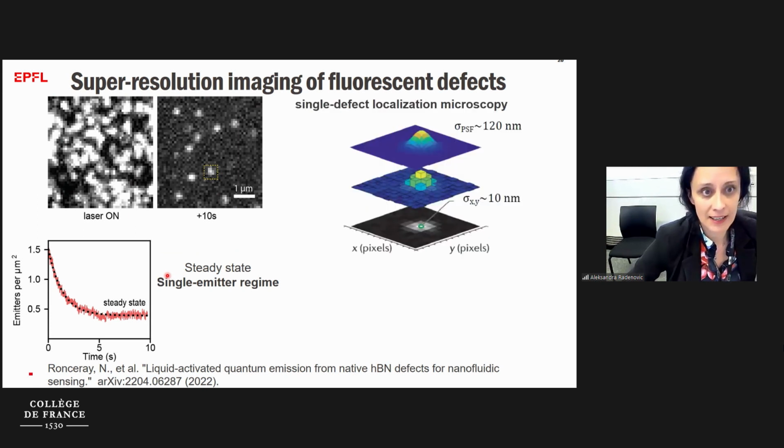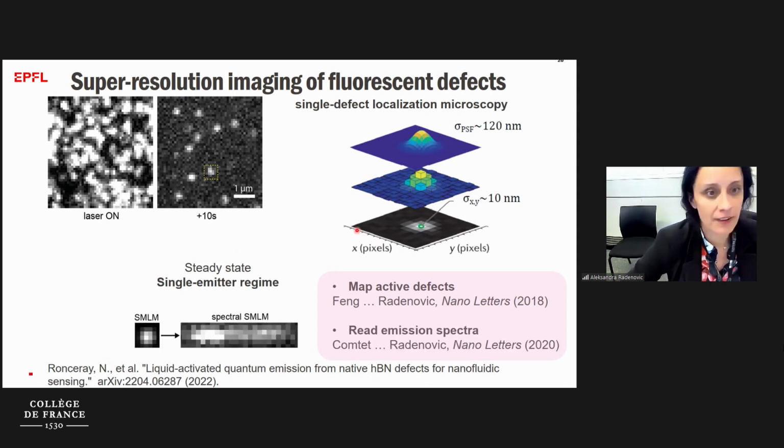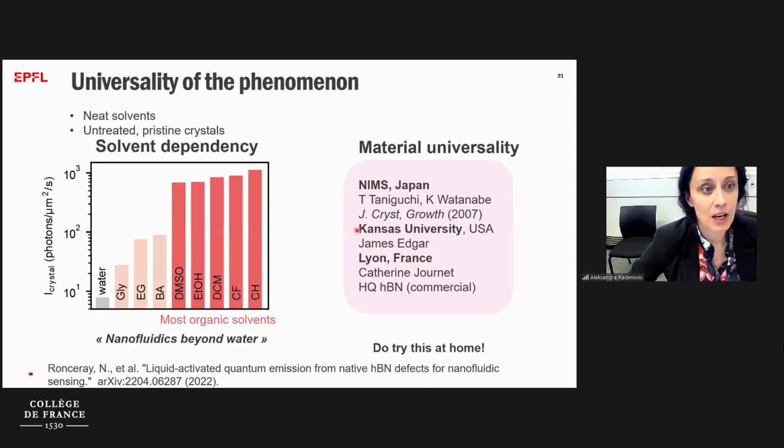Similarly as with our water, hexagonal boron nitride which has been treated with the plasma, here again we can see the photons, and depending on the number of photons, we can localize the position of the defect and also read their emission spectra.